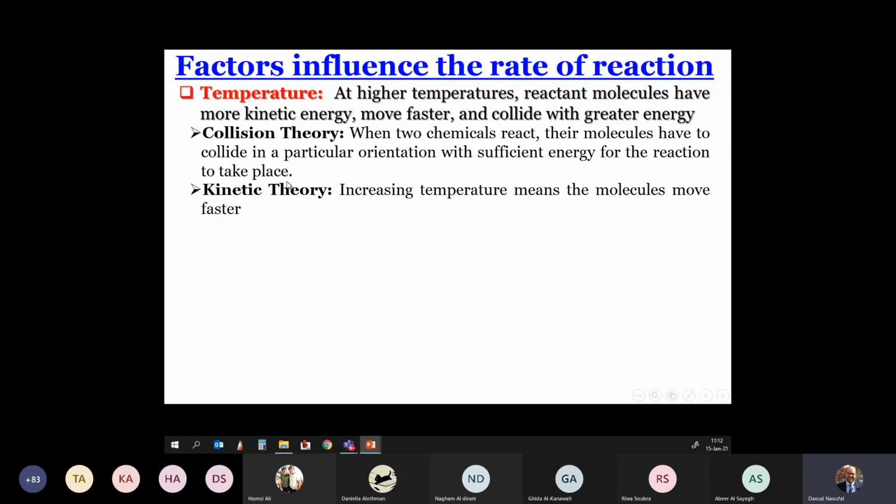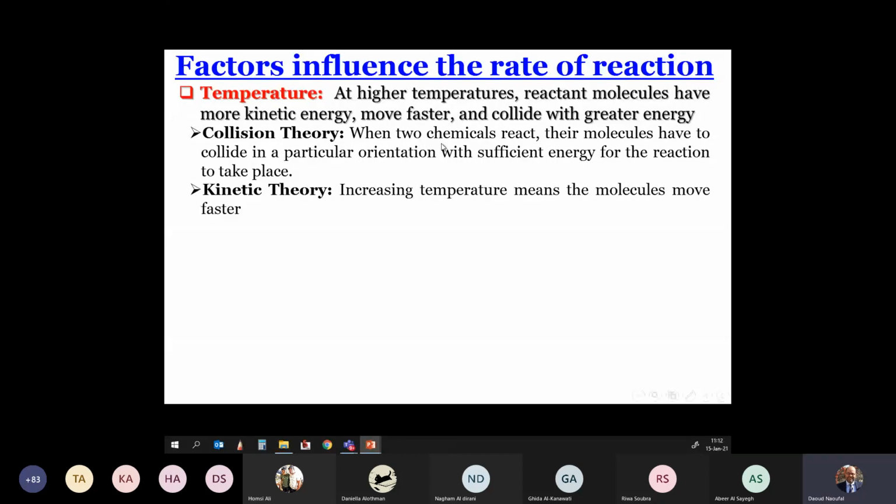Sometimes we say the reaction between A and B did not occur. Why? Because A and B did not have collisions to proceed with this reaction. When the temperature increases, the probability of collision between A and B increases, so the probability of the reaction increases, and therefore the rate of the reaction will increase.